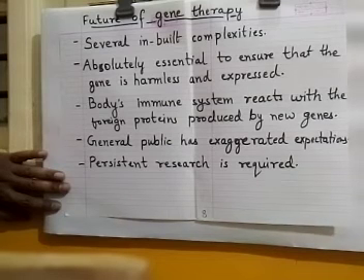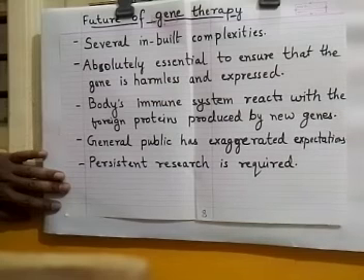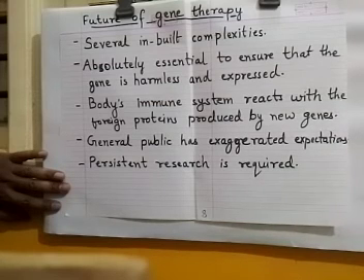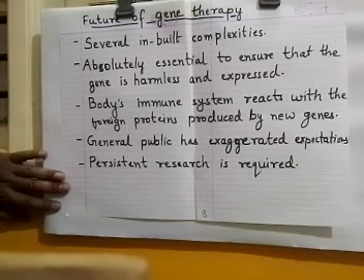Moreover, the body's immune system reacts with the foreign proteins which are produced by the new genes, and these proteins may be treated as foreign particles by the body's immune system and can be discarded. So, in this case also the desired result will not be obtained.